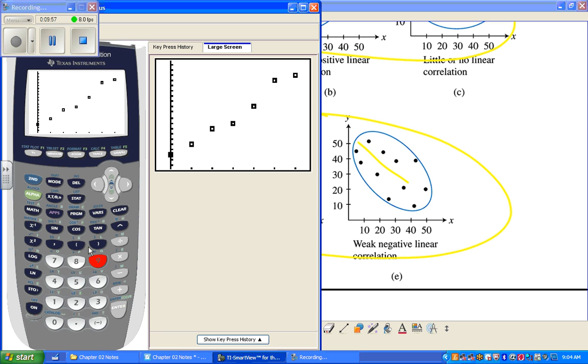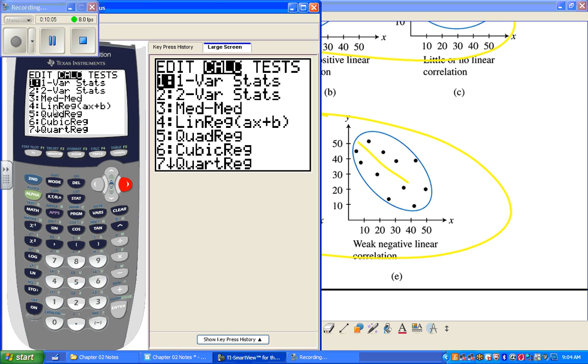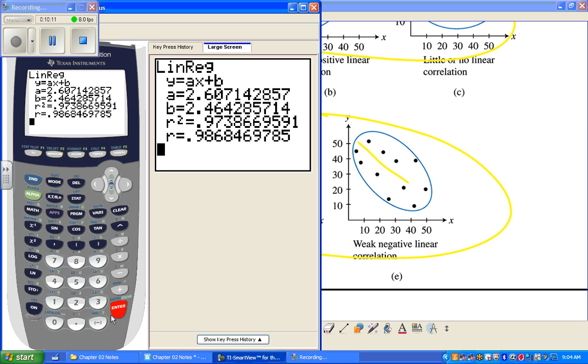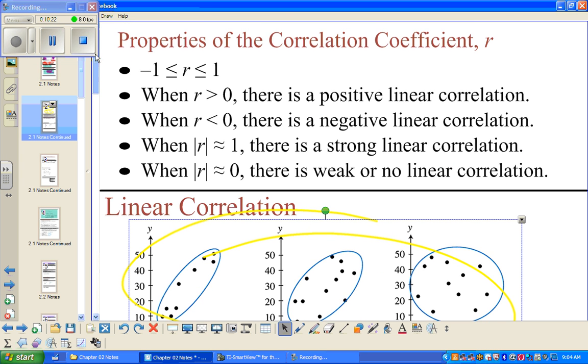From there, I want my regression equation. So what I have to do is go back to Stat, over to Calculate, and I want my linear regression equation, number 4. Press Enter, and that R on the bottom there, that's my linear regression coefficient, or my correlation coefficient that we've been talking about here.